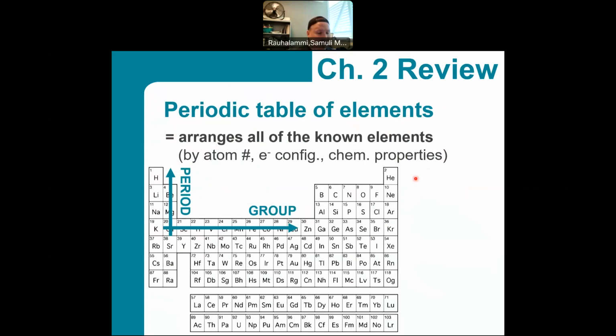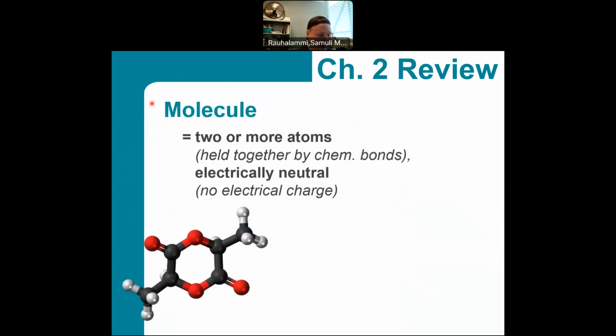A lot of the time, people who work in the field of chemistry are able to predict a lot of reactions that will take place between different elements simply based on their relative locations on the periodic table. So it's a handy tool in that sense.